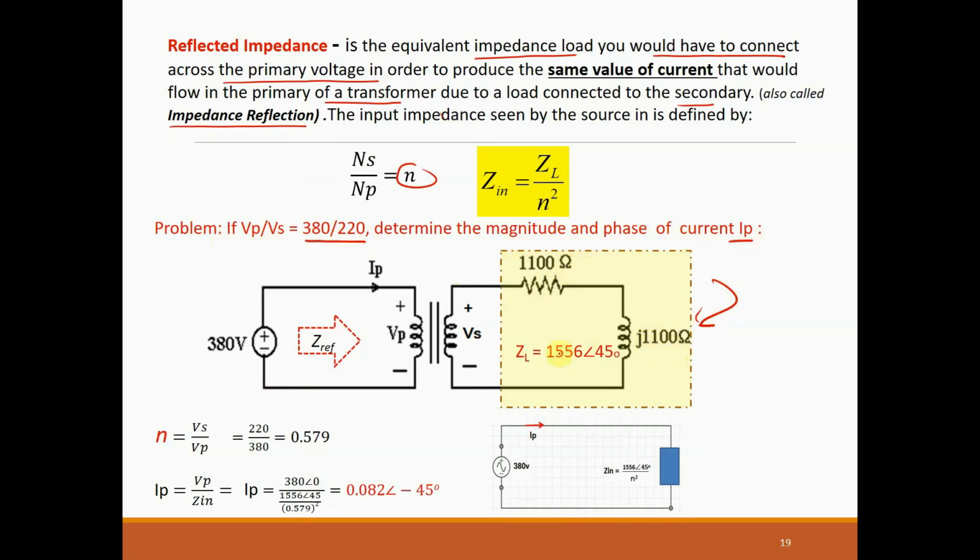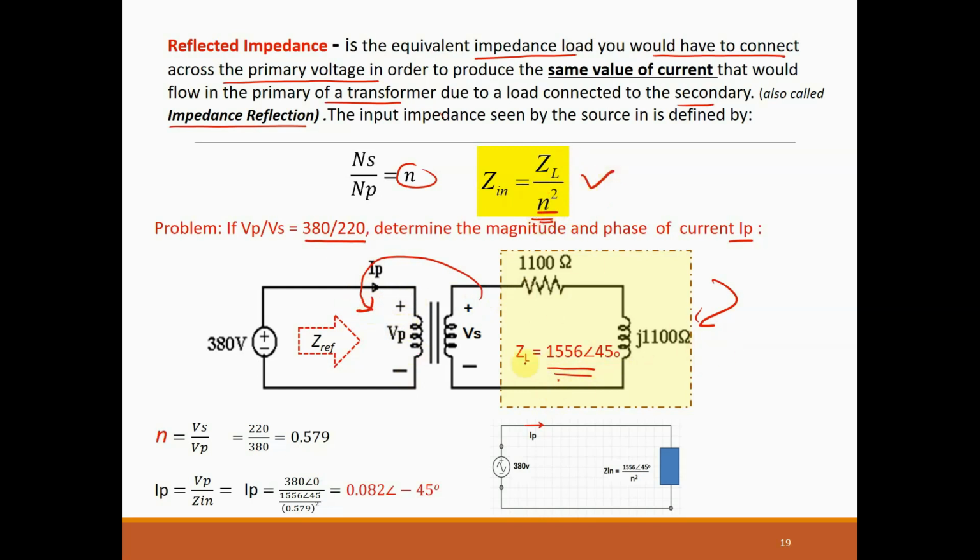Let us simplify this impedance. It's equal to, in polar form, 1556 angle 45 degrees. This impedance can be reflected into the other side, into the primary side, by applying the turn ratio, right? So what are we going to do? We have to divide. So Z load over N squared, right? Z load over N squared.